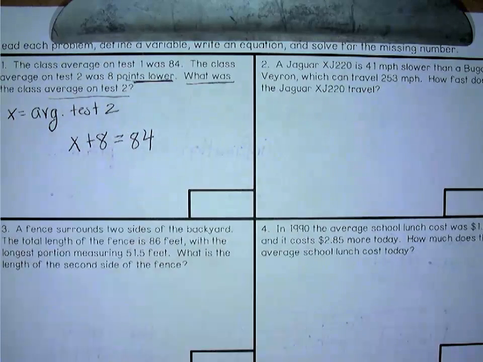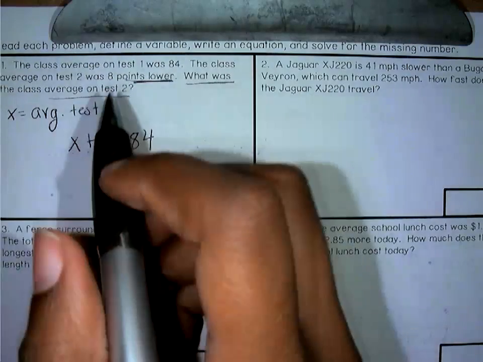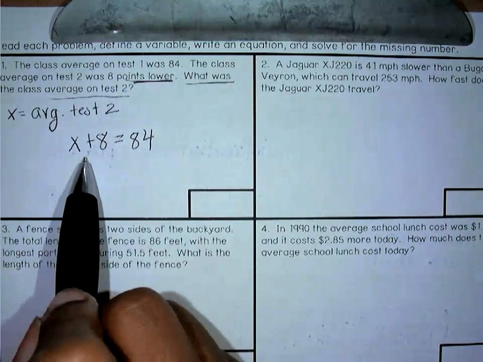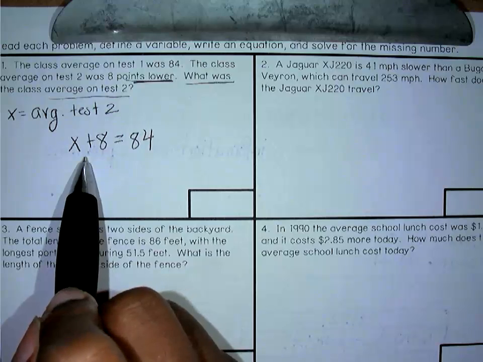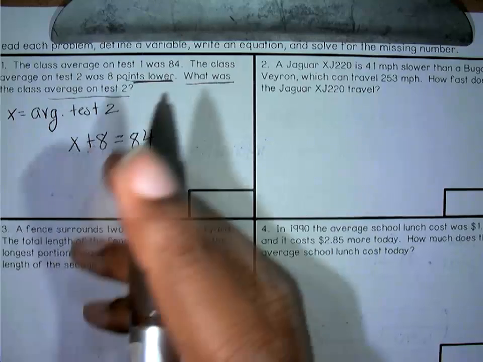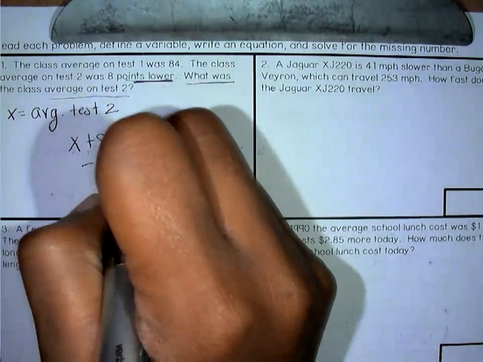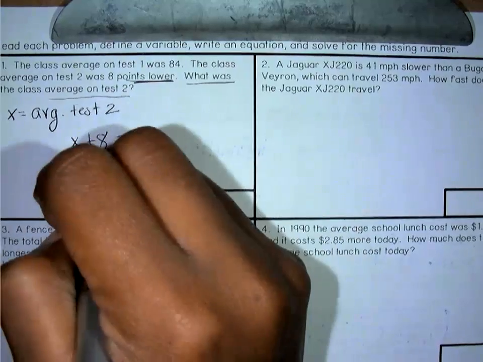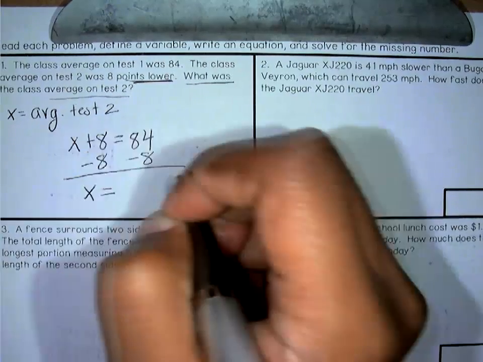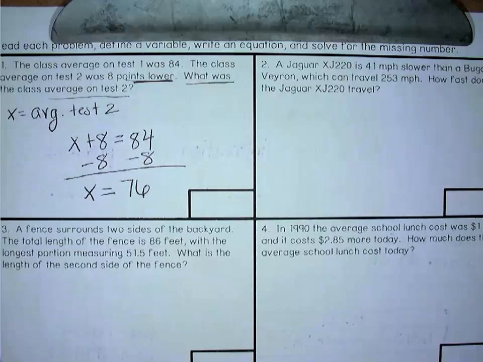So now that we have our equation, all you have to do is just solve for x. So we want to get x by itself. And you have adding 8 over here. Remember in our last notes, you have to get the inverse or the opposite. You would subtract 8 from both sides. Now you have x by itself, and x equals 76.